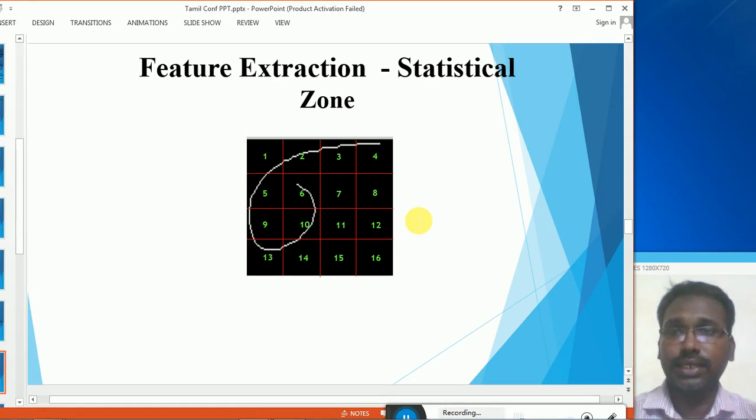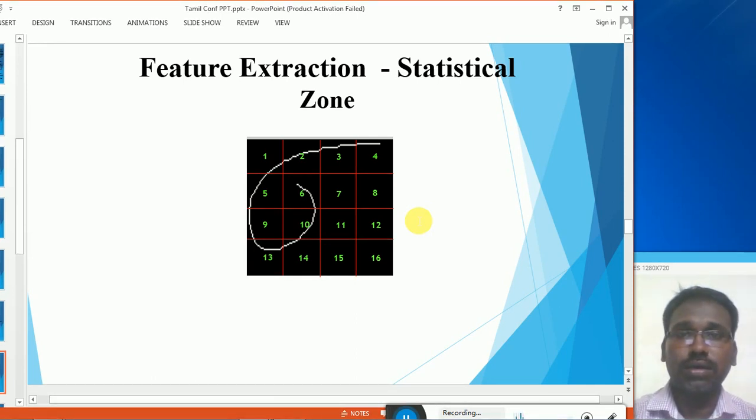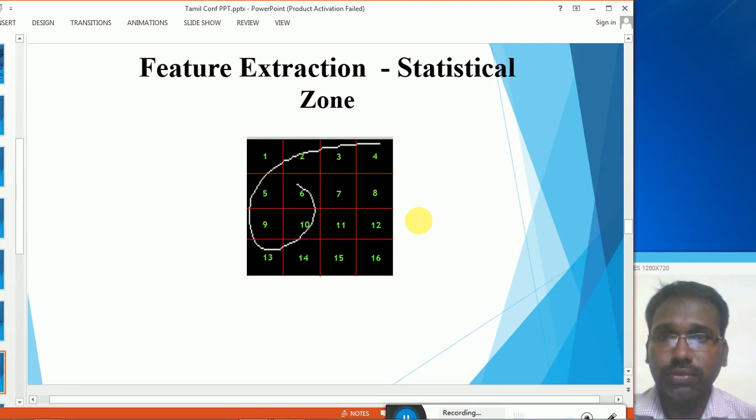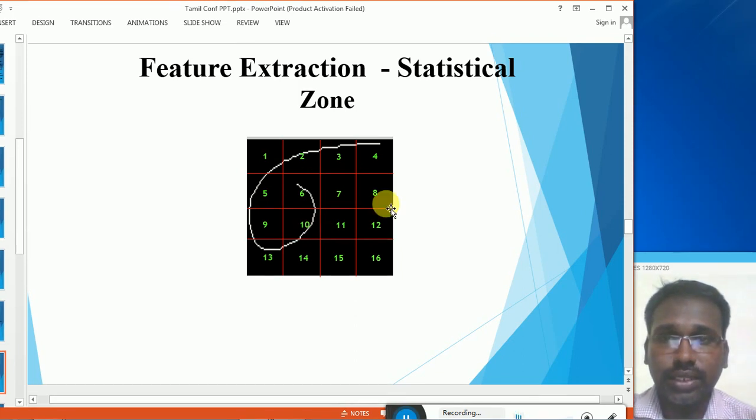The pre-extracted features are taken for the feature extraction process. Statistically, we apply some procedures for extracting the features. First, we apply the zoning algorithm. Here we divide the subpart of the character image into 4x4, that is 16 equal zones.